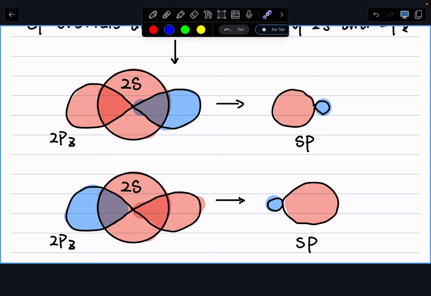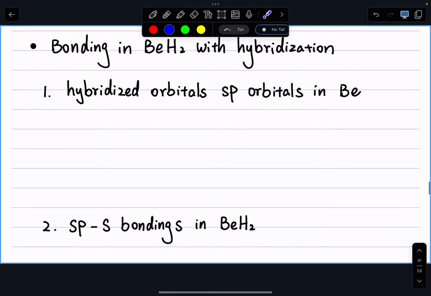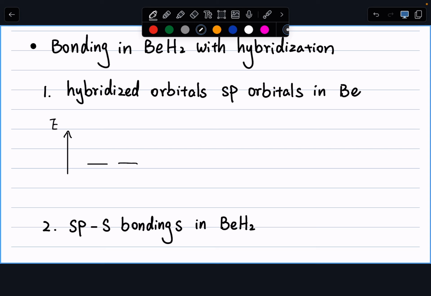All right, so back to our beryllium hydride example, what are we having? First thing, we write out the hybridized orbitals in beryllium. So that's my singly occupied sp and sp. And then the two px, two py, not changed.